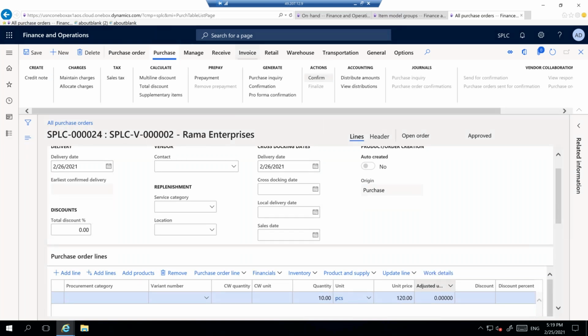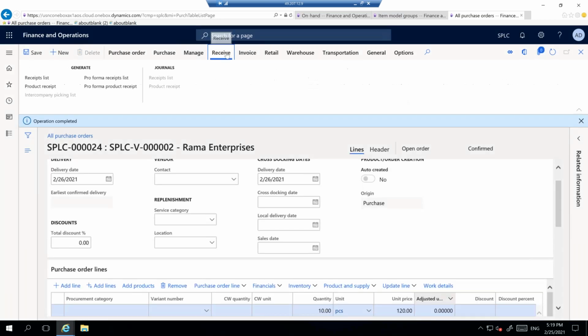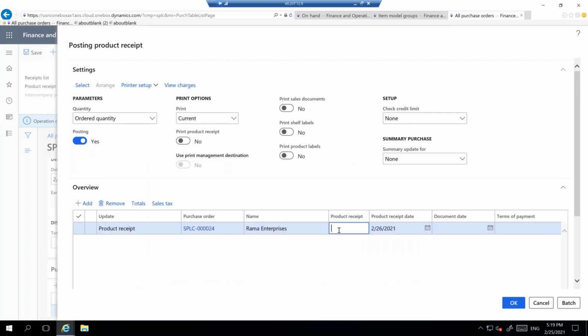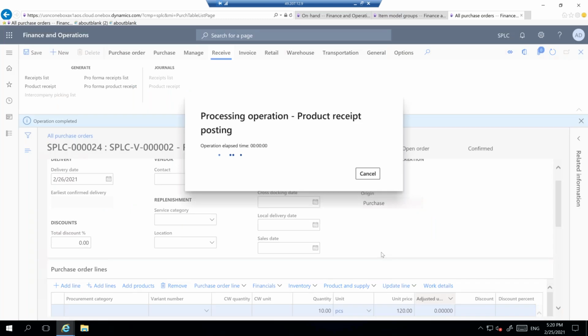Confirmation. And then product receipt. This is a very important document number in a real-time scenario, because whatever the vendor has provided, that document number you need to enter. I mean to say you means the client.